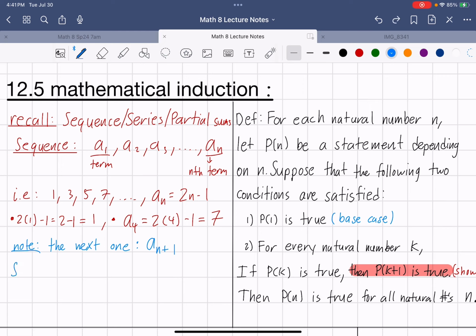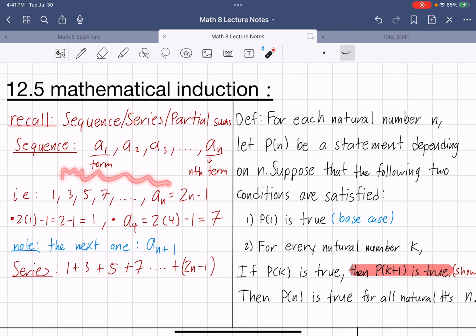So a series just means when you take that sequence and you start adding them together, dot dot dot, plus 2n minus 1. That's the same thing. I just took every single term in the sequence and I'm adding them together. That's all a series is.